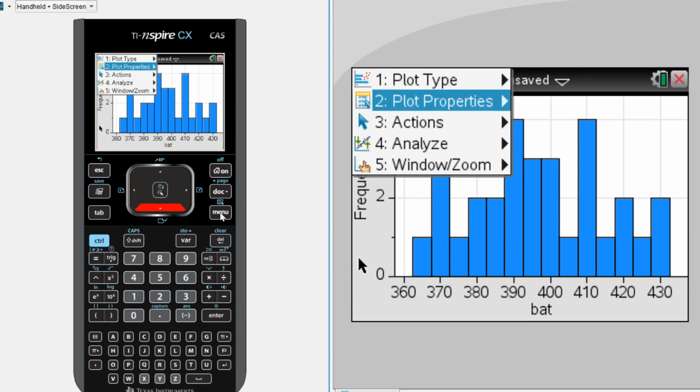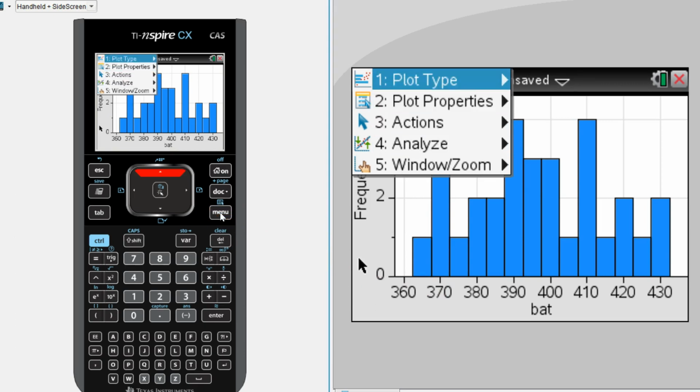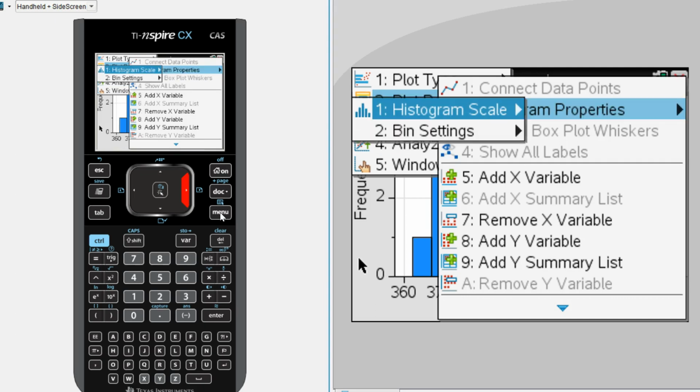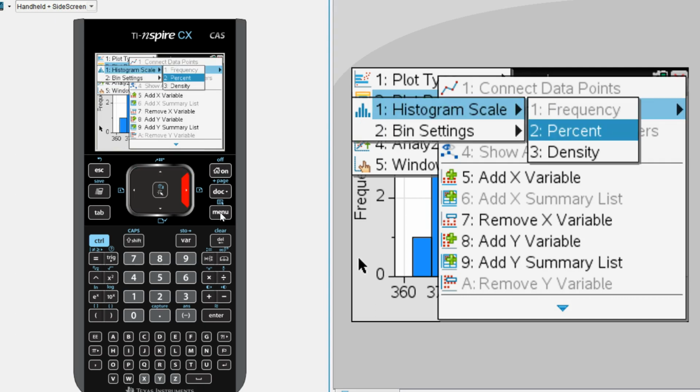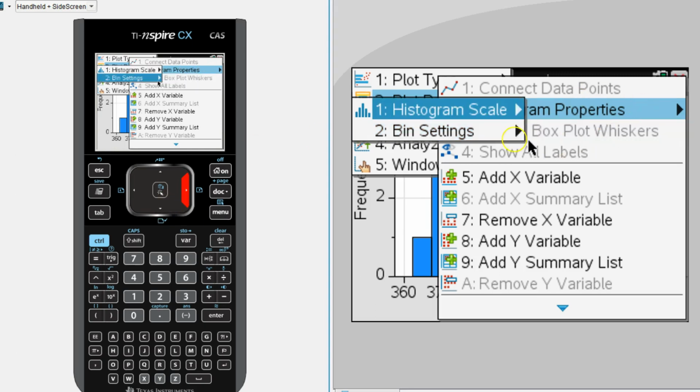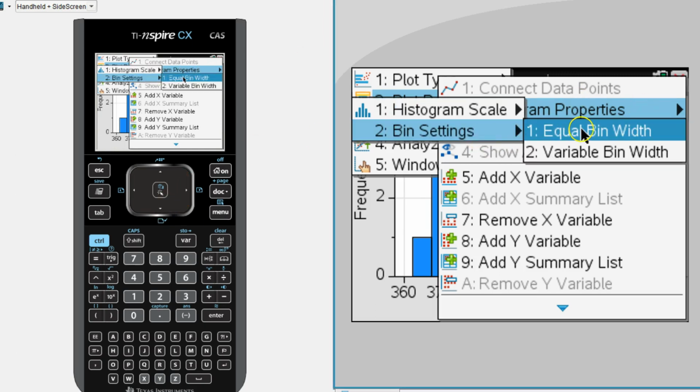I don't do this all the time, so I'll have to think about it. Plot properties, I think. Looks like histogram properties, and I can change the percentages, but I'm going to go ahead and change the bin settings, and basically, you have to change the width of each of these bars.